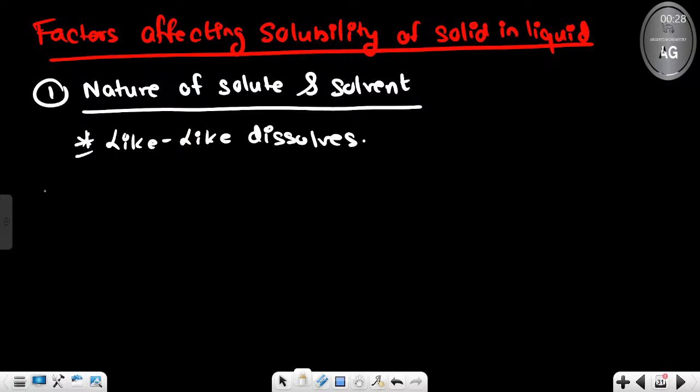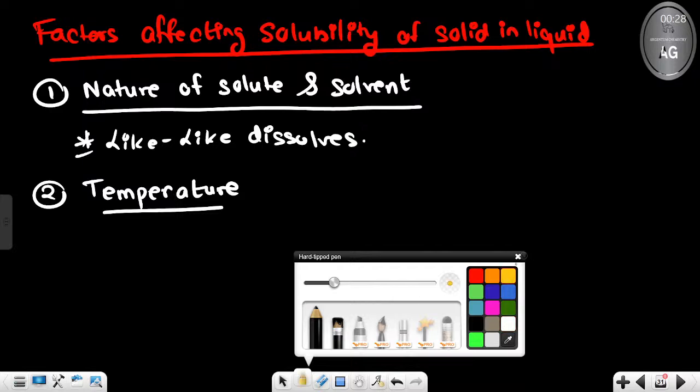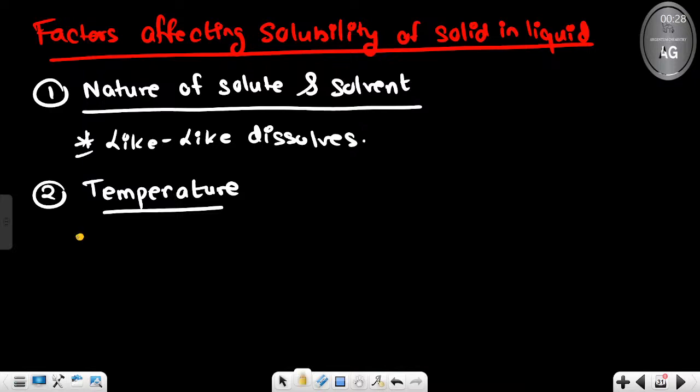Number two is temperature. What happens? You have to understand this.